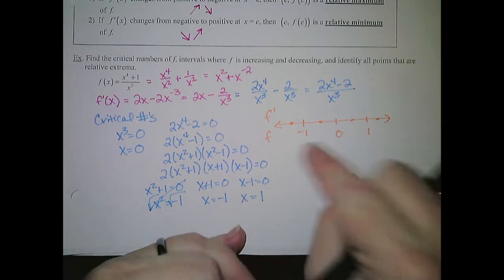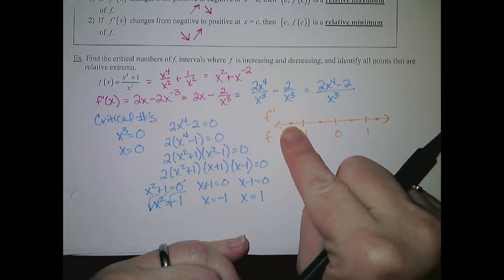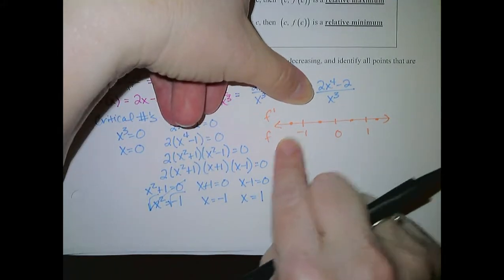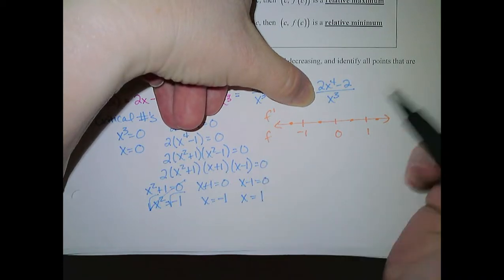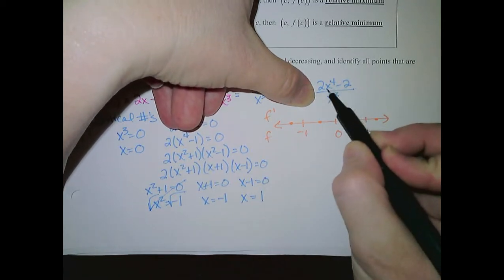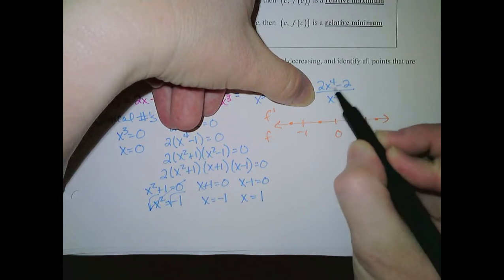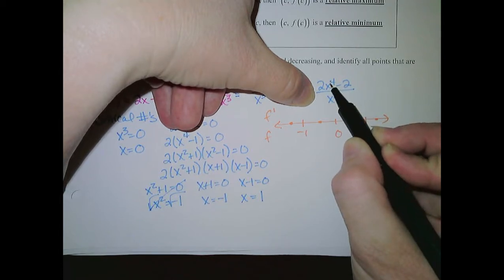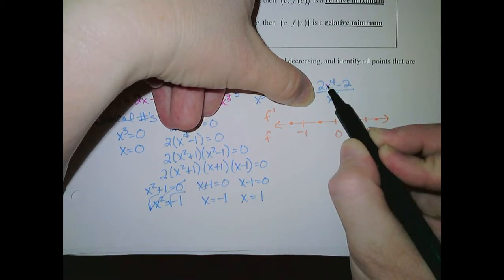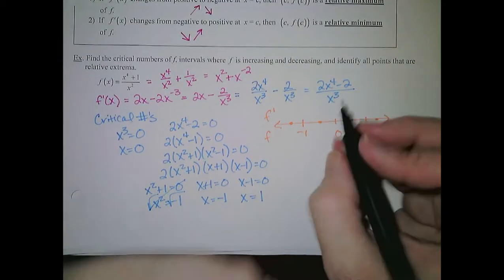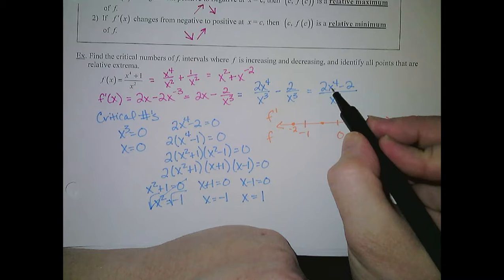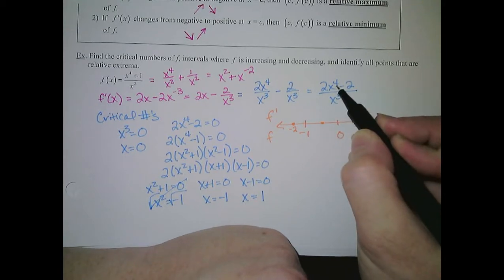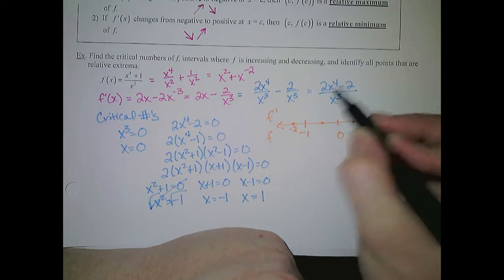So if I look at my derivative, if I plug in a number that's less than -1, if I plug a negative number into the numerator, when I raise it to the power of 4, it's going to become positive. Maybe we'll take a specific example like -2. If I put -2 in, then I'm going to have 2 times 2 to the 4th, whatever that is going to be bigger than 2.